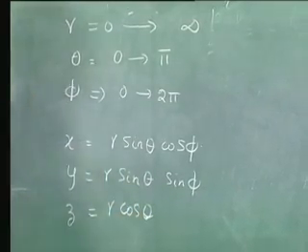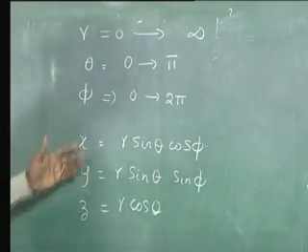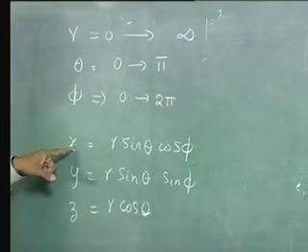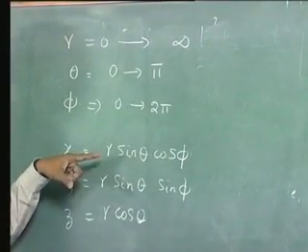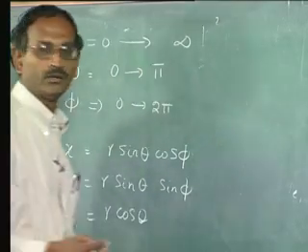These are the coordinate transformations that one has to remember in switching from the usage of x, y, z coordinates to the coordinates r, theta and phi. Of course, you can easily invert them.